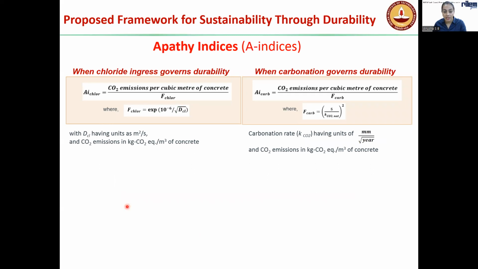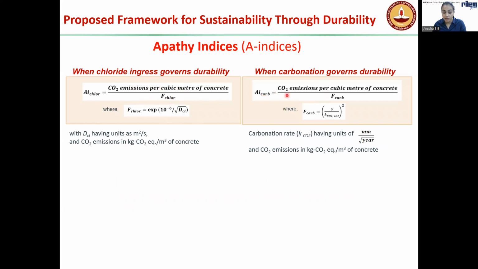I defined apathy index for two exposure conditions, that is, one is chloride ingress and the other one is carbonation of concrete systems. Here, AI chlor was defined for the chloride ingress, which is the ratio of CO2 emissions per meter cube of concrete divided by F chlor, which is a service life parameter which is dependent on the DCM.